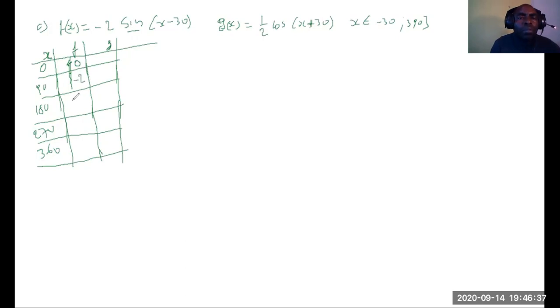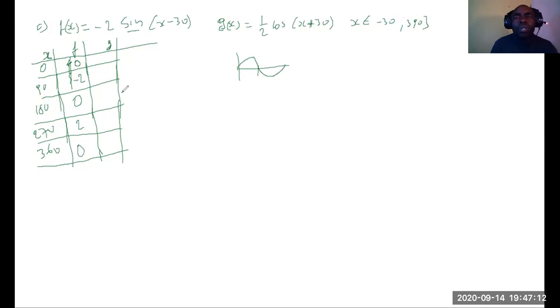What is sine 180? It's 0, which will give us 0. Sine 270 is negative 1, so that gives us negative 2 times negative 1, that's positive 2. And 360 is a 0.